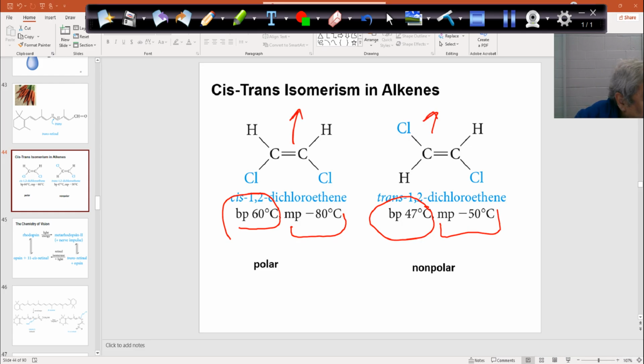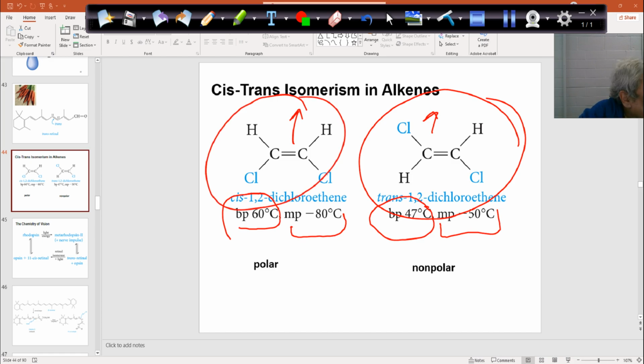They have different physical properties, and as such, they will have different chemical properties. Correct? So now you can see this is non-polar. That's one of the physical properties. This is polar. Somebody tell me why.